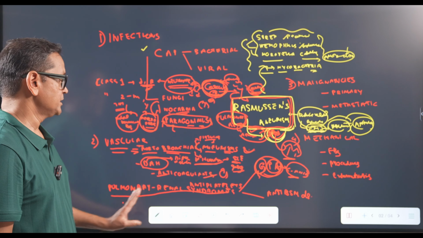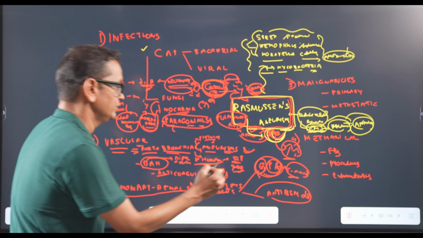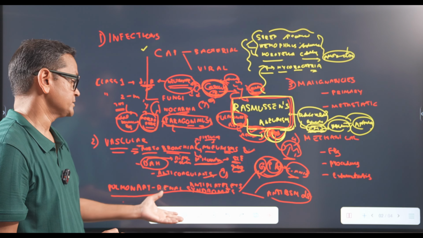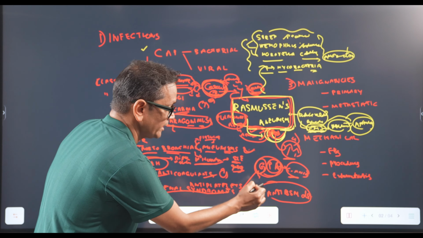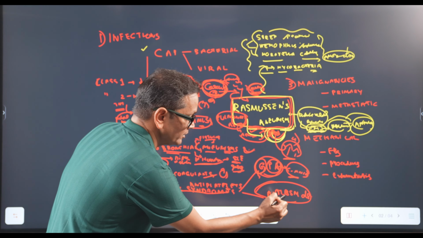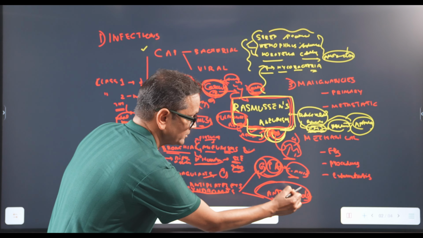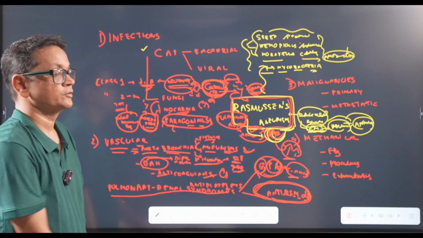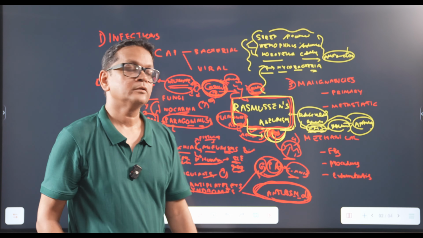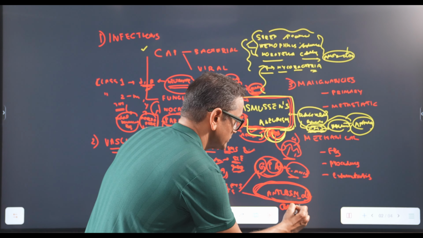Whereas in this related picture, but with different pathogenesis, the patient would again have hemoptysis along with hematuria. That is known as anti-basement membrane antibody disease, previously known as Goodpasture syndrome.